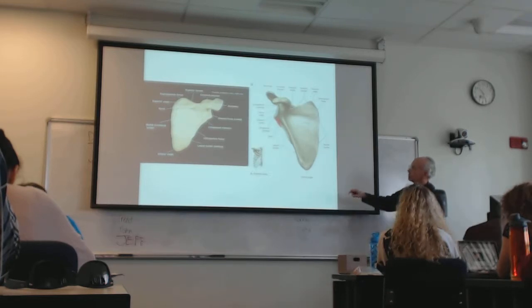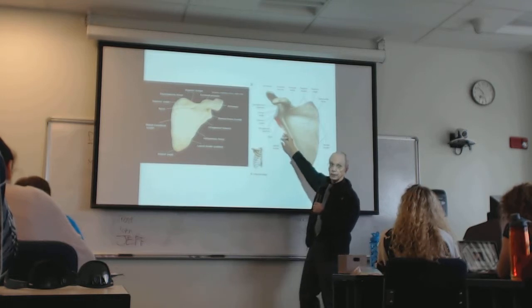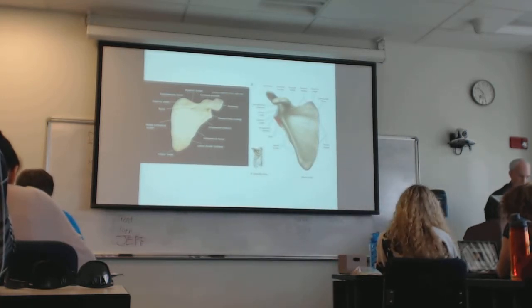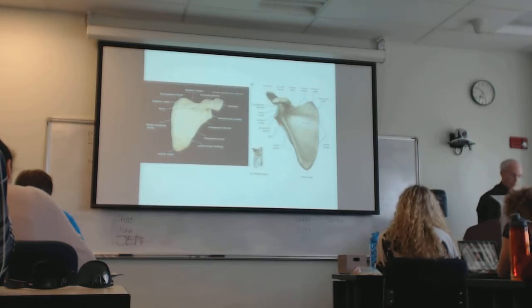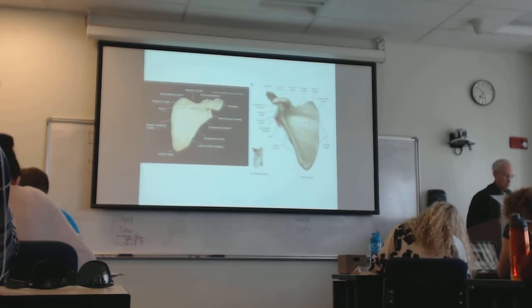As I said, that is an attachment for the long head of the triceps. So we'll just say that whole region, that entire ridge there, is the infraglenoid tubercle, to make things simple. Don't worry too much about the variable little pointers and lines that you see in the literature.